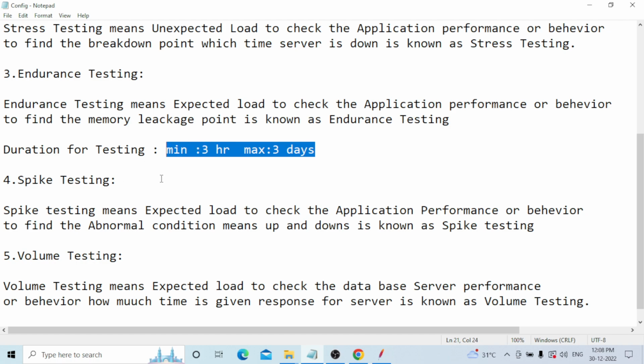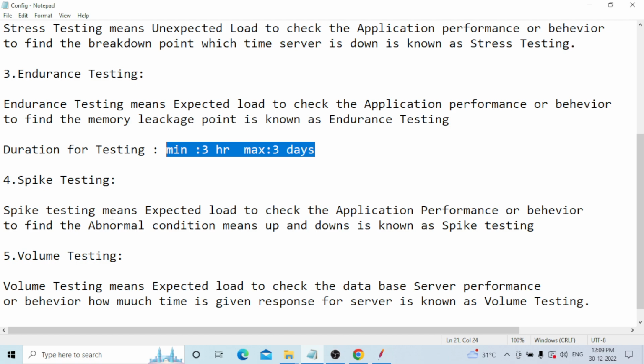After that, the fourth one is spike testing. Spike testing means running the expected load to check the application performance or behavior and find abnormal conditions, meaning ups and downs. The main objective of spike testing is to find the abnormal conditions, meaning the server behavior.